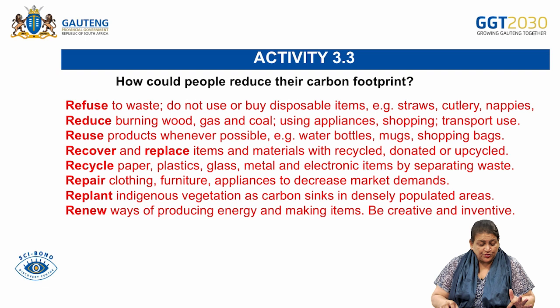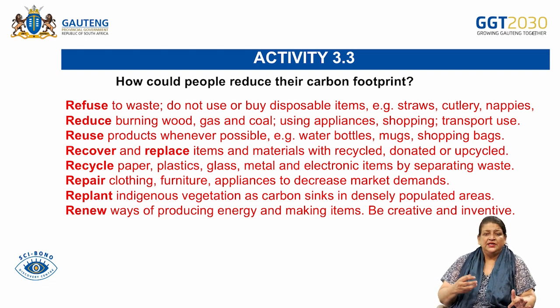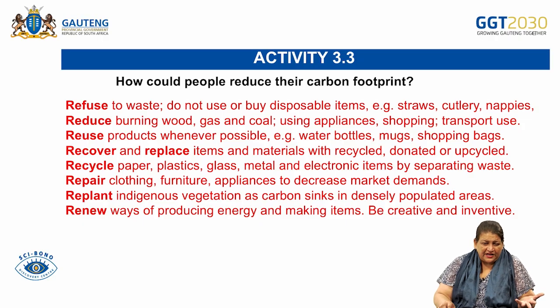So we try to reduce other waste by using recyclable material, try to reduce fires, try to use less gas, and try to use less wood for burning, right? Reuse plastic bottles and mugs.